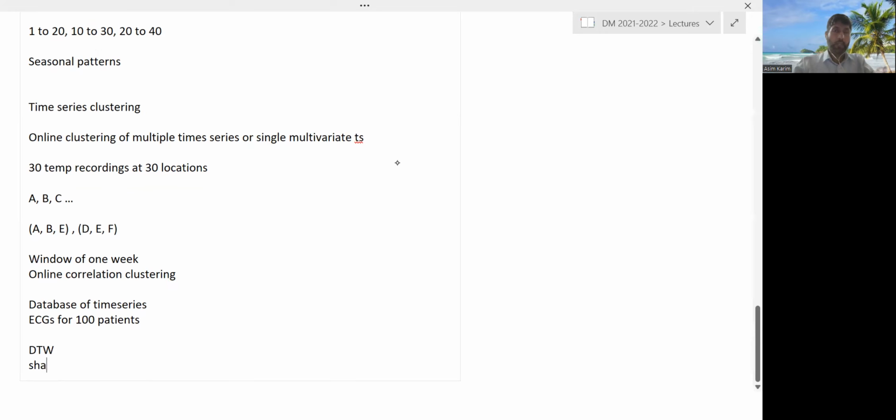So this is also sometimes called shape clustering. You have different time series in your database and you're clustering them based on their shape. So obviously two time series would belong to one group if their shapes are the same. When their shapes are the same, their distance would be the least, so they will be most similar. So this is also called shape clustering.